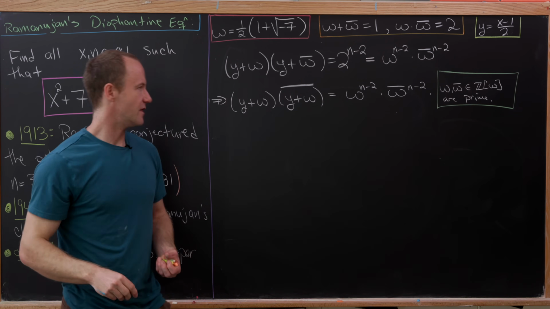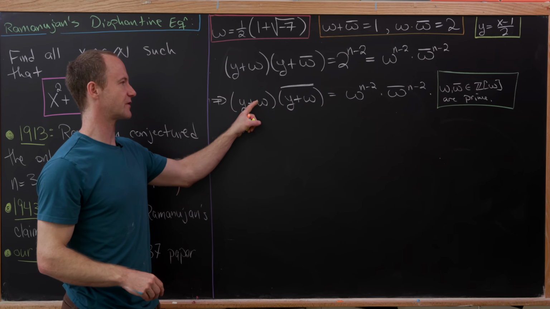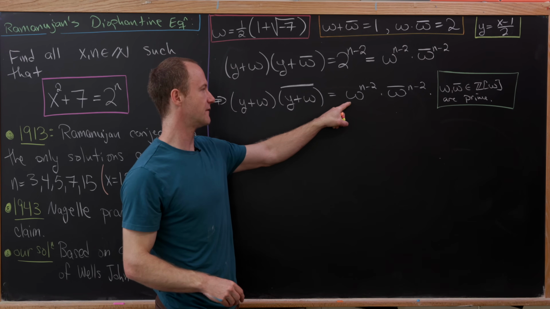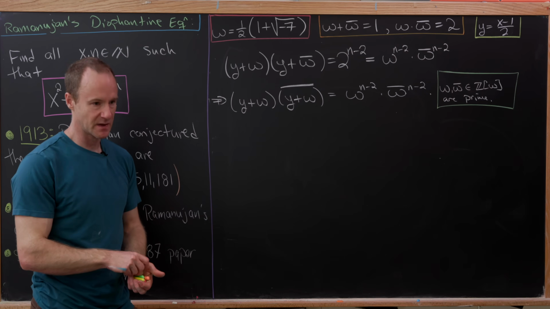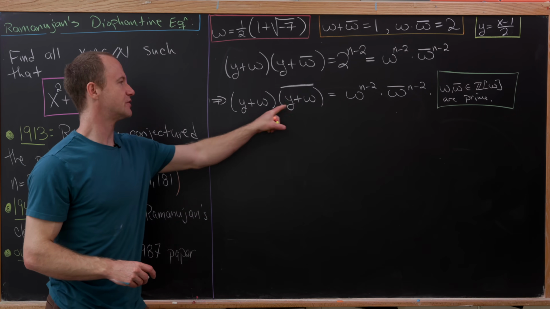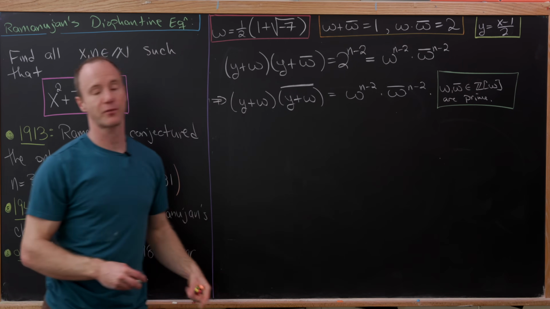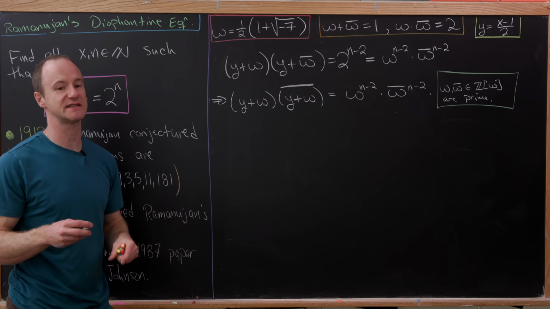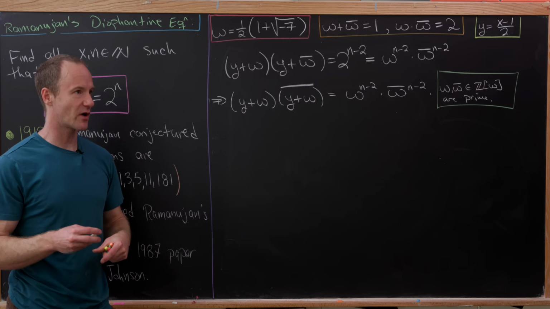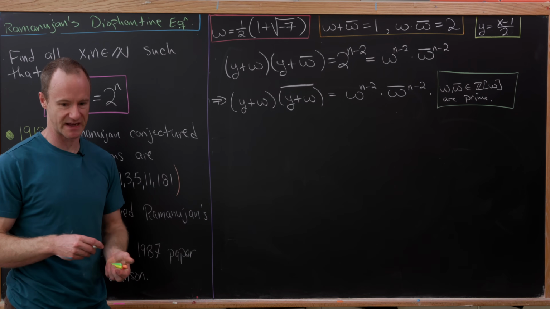Okay, but then that means that one of these factors over here has to be either all of the omegas or all of the omega bars and vice versa. And that's because these two objects don't share any common factors, and then these two objects, well, they're prime, so they don't share any common factors. So we're skipping a couple of little steps here, but it essentially breaks down into we're just dealing with primes in this really fancy setup.